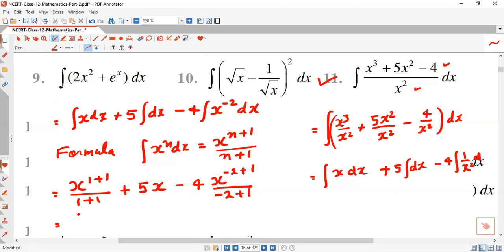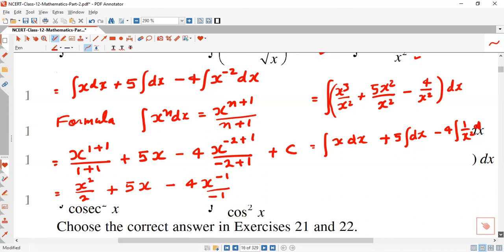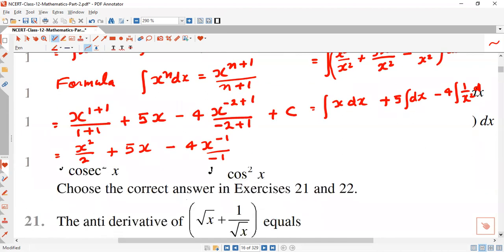So this comes out as x square by 2 plus some constant c, plus 5x minus 4 times x raised to minus 1 divided by minus 1, plus some constant c.